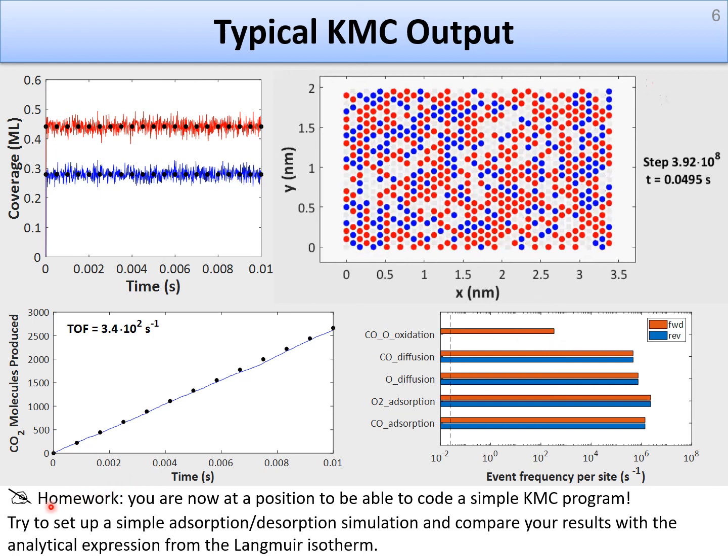So as homework, I would like you to try to code a simple Kinetic Monte Carlo program. So as a simple example, you can code a system with adsorption-desorption elementary events for just one adsorbate, single site type, very simple stuff.